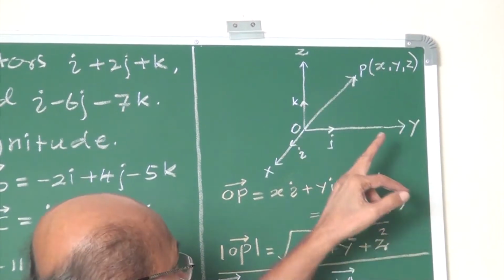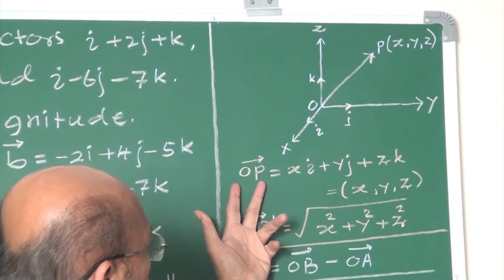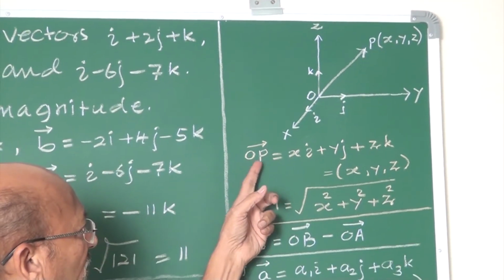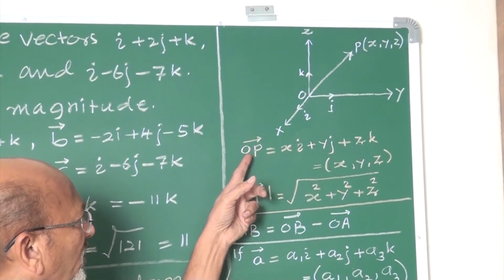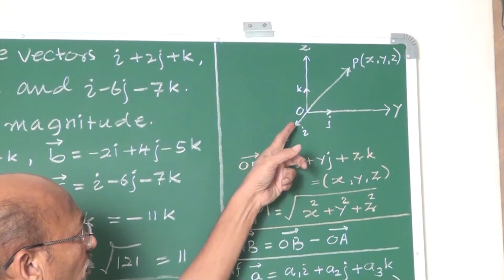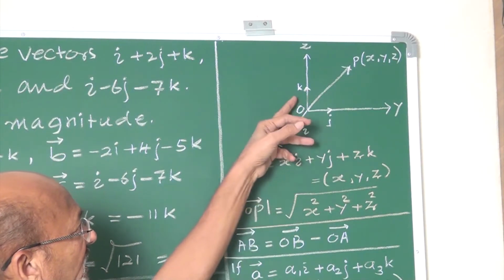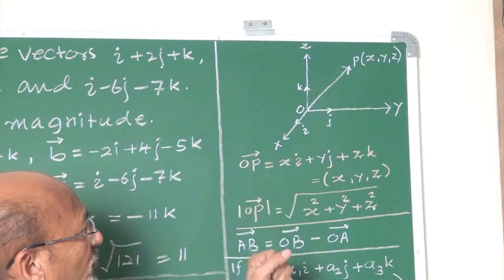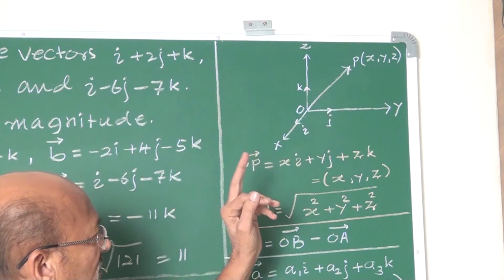Yes, my friends. If P is a point in the space, then vector OP is called the position vector of the point P with respect to origin O. I, J, K are the unit vectors along OX, OY, OZ.